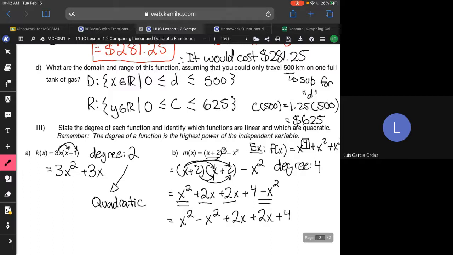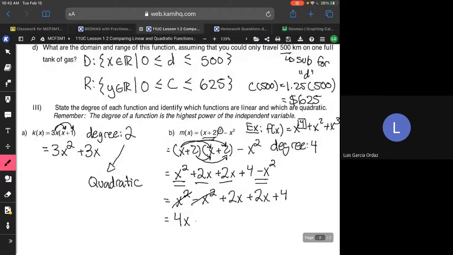So what is x squared minus x squared? It's 0. If you subtract the number by itself, it's going to give me 0. So these guys can cancel out. What is 2x plus 2x? Nope, just 4x. Nope, you don't add the x's. You only do x squared if it's being multiplied by each other. And then we're left with plus 4.